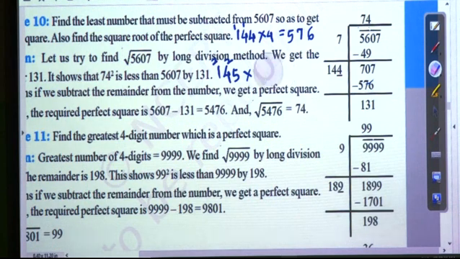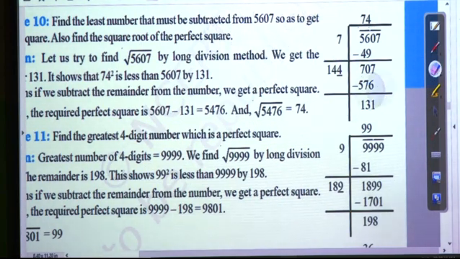So we cannot consider this 145 fives are. What we are doing? We are considering this value 144 fours and the same you can see here, 144 fours is 576. Then what happens? 131 is remaining. What is the remainder? 131 and no group is left further, no bar is left further.